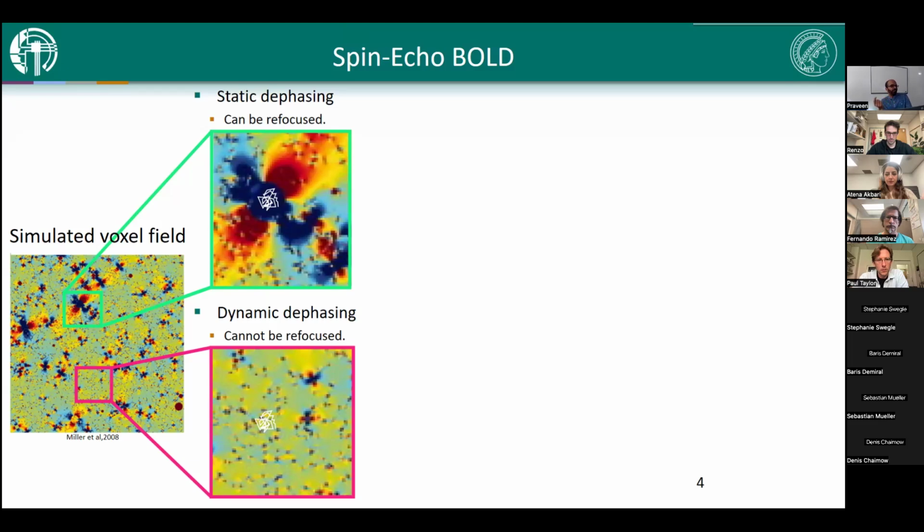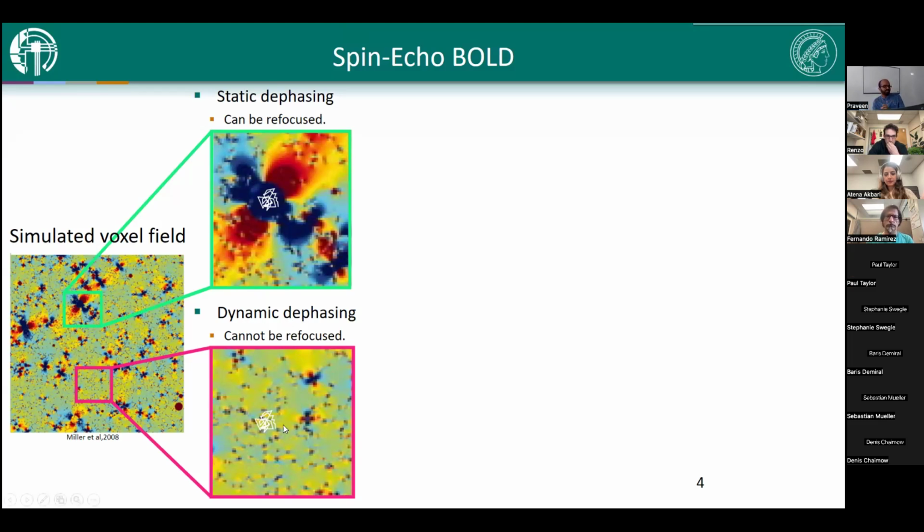So this signal dephasing happens in two regimes, kind of. One happens near the macrovasculature, which is called static dephasing, and there is a dynamic dephasing, which happens mainly near microvasculature. The static dephasing is a larger effect because it's a larger blood vessel and distorts the field more.